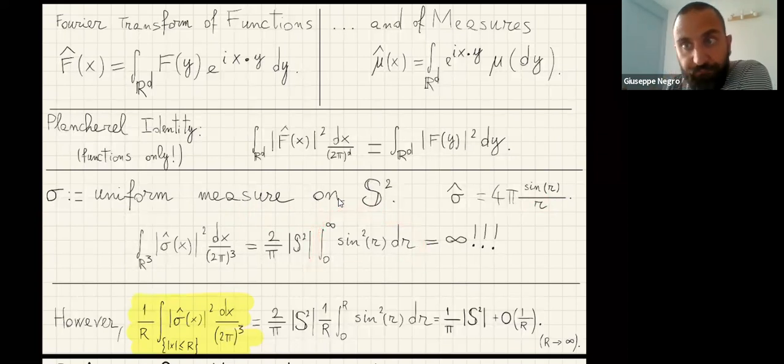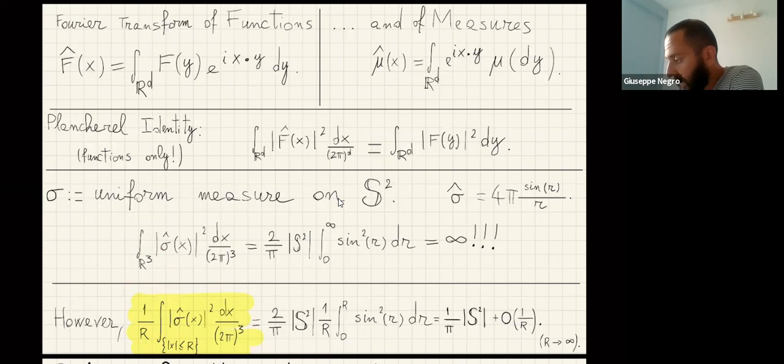And this is infinite: you are integrating a function that does not decay at infinity. But you can see that it's really borderline, because it fails to be integrable by a factor which we can put in, which is what I'm doing here. So instead of integrating on the full space, I integrate on a ball of radius r, and I divide by the radius of that ball.